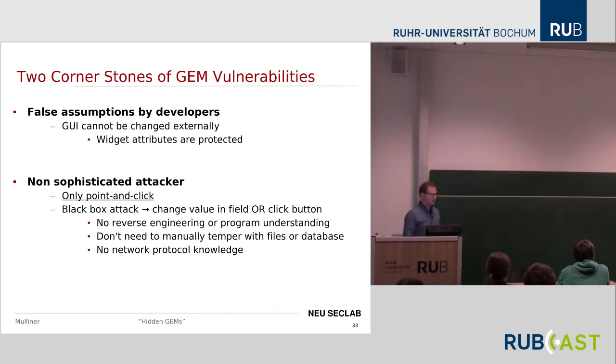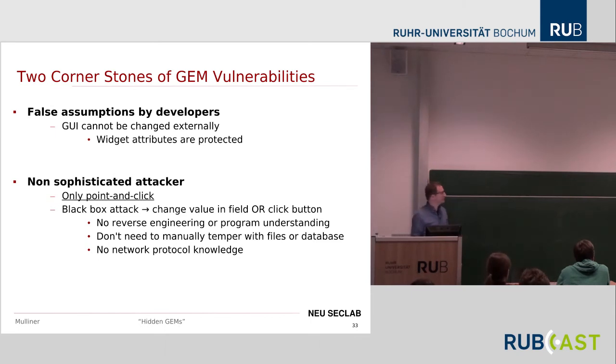Yeah. So, before we look into the automation, let's recap a little bit about GUI vulnerabilities in general. There are really two cornerstones. The first one is that there is a lot of false assumption by developers. Developers think, okay, the UI cannot really be changed. The widget status, whether it's hidden or read-only, is really protected by the framework. So we can use those things to implement, for example, access control or maybe even just access control-like features.